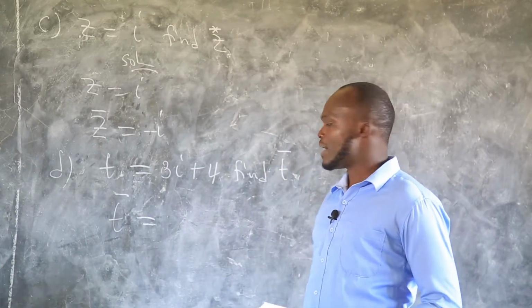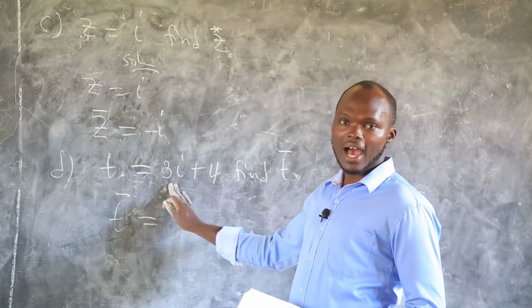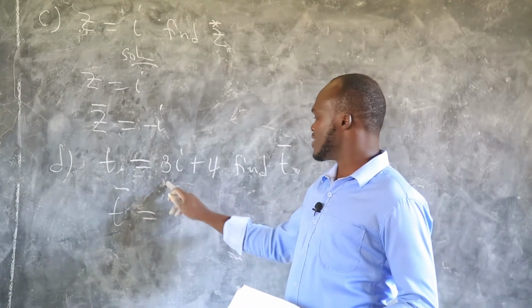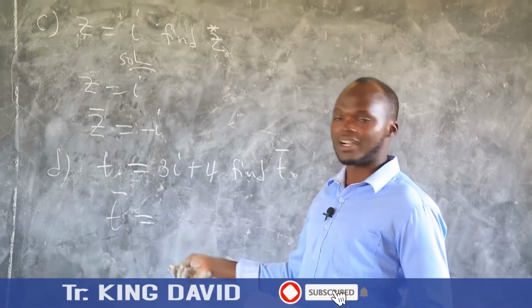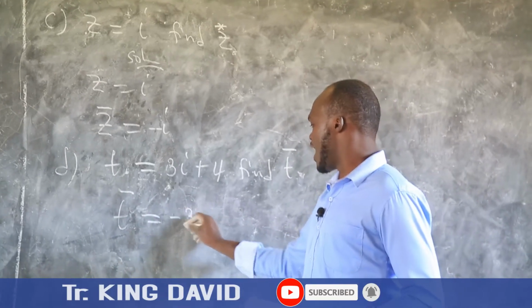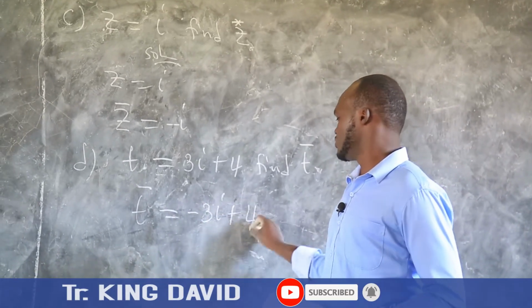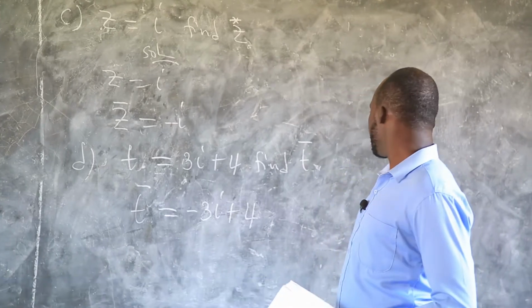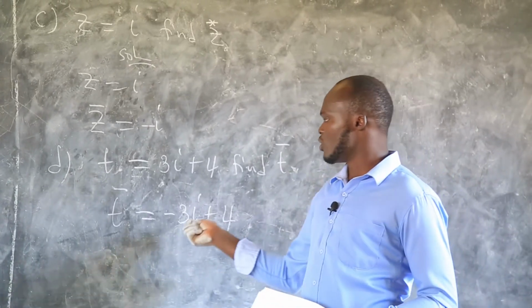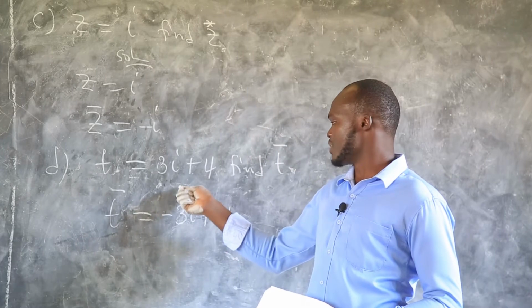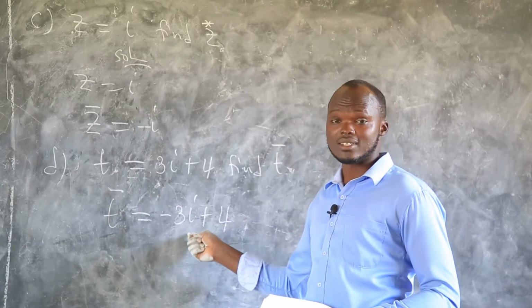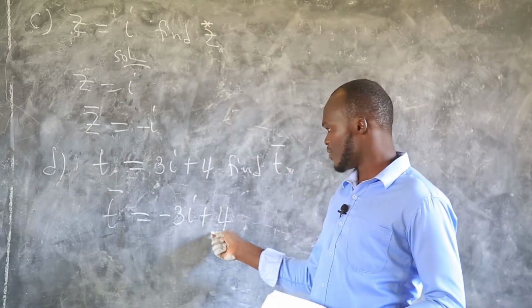So what is our imaginary part? Our imaginary part is 3i. So we're going to change this 3i. It is positive, so it will become negative. So that's how we can write the conjugate of T, which is 3i plus 4. Its conjugate is negative 3i plus 4.